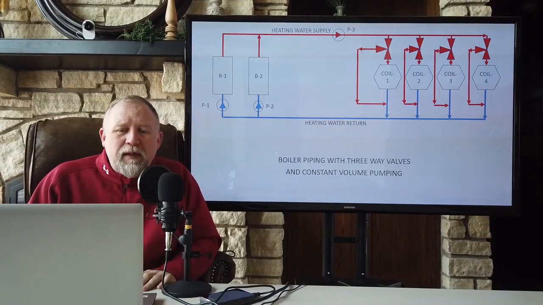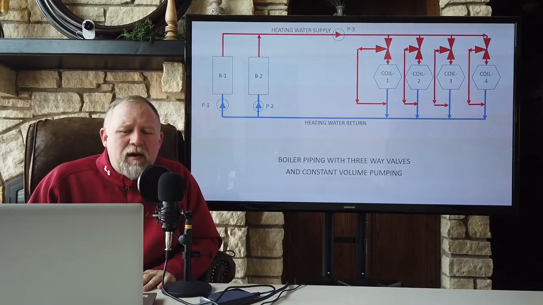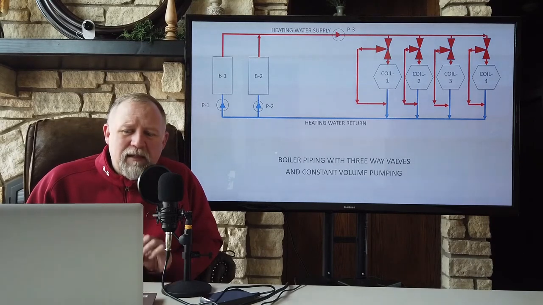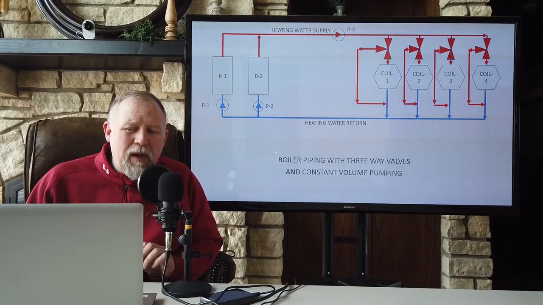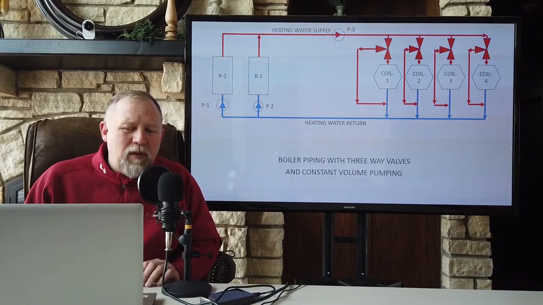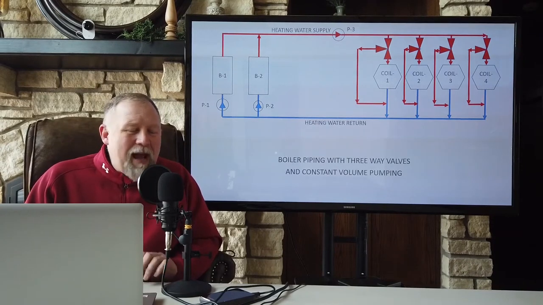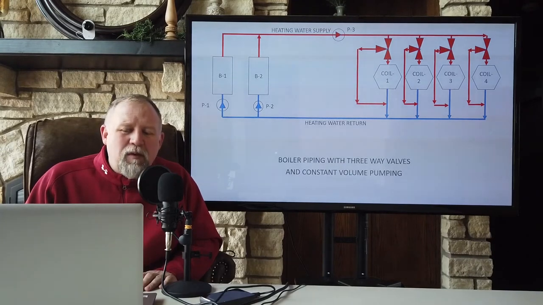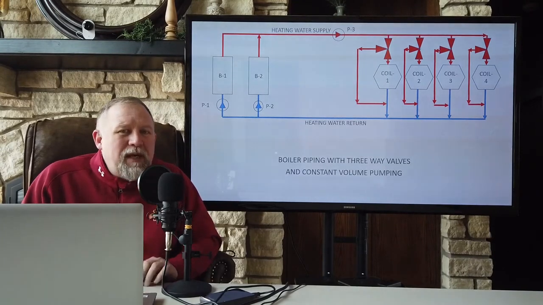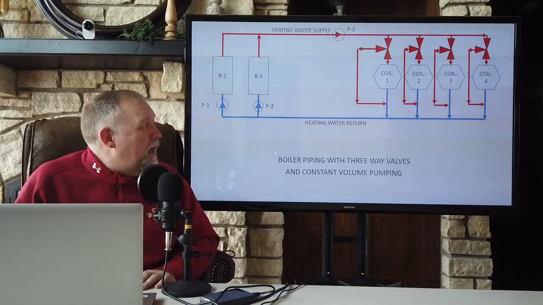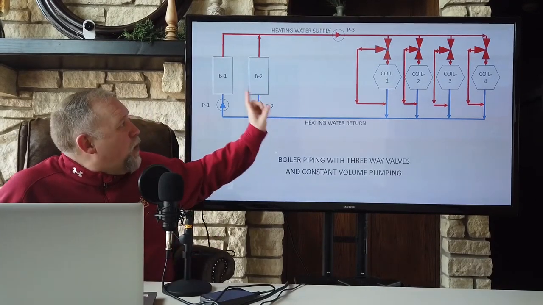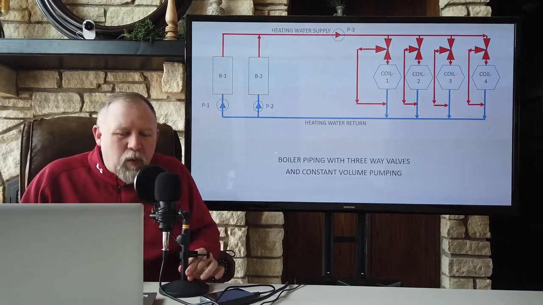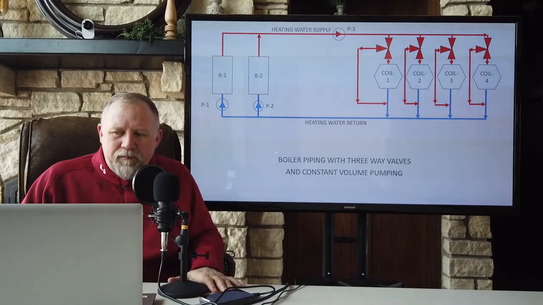Kind of reviewing and looking back at our examples, we know from our calculations that we may calculate it for worst case situations, but that might only happen a few hours in any given year. Maybe some years it won't happen at all. So the point is that the vast majority of the time that this building is operating, we're going to be pumping all of this boiler water, and rarely would we ever need all of it.